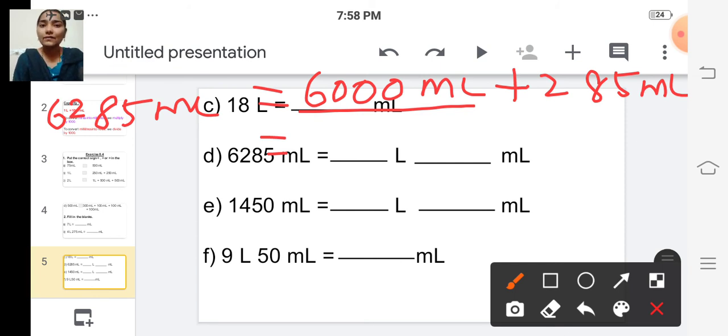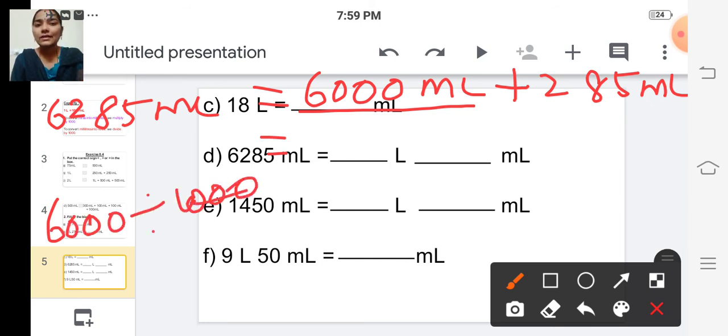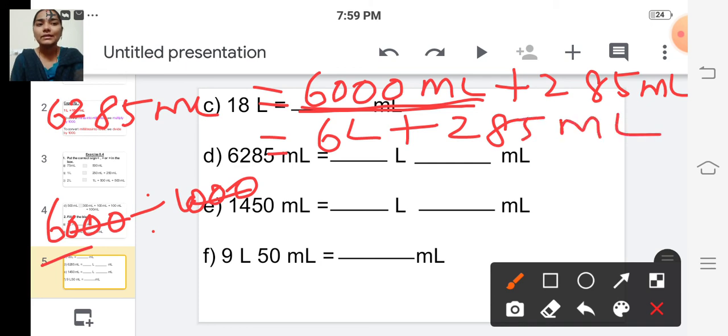So how to convert milliliter into liters? We have to divide, right? So 6,000 divided by 1000. Cancel common number of zeros, we get 6. So 6,000 milliliter can be written as 6 liters plus 285 milliliter.